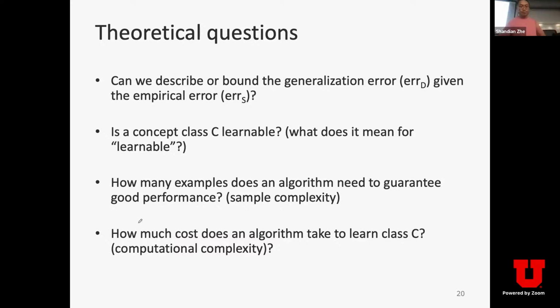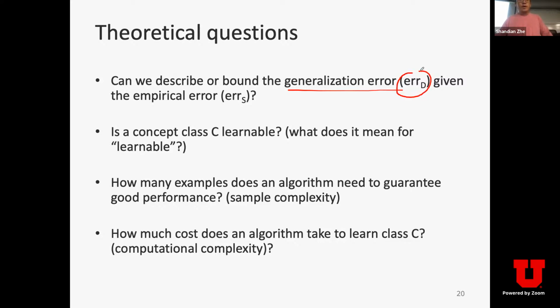So first, as we mentioned, the generalization error is good. It quantifies your prediction performance across the entire instance space. You're not going to miss any instance in the instance space. But you don't know the underlying probability distribution of the data, so you'll never be able to compute exactly the true error, the generalization error.